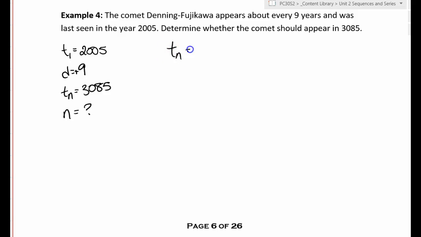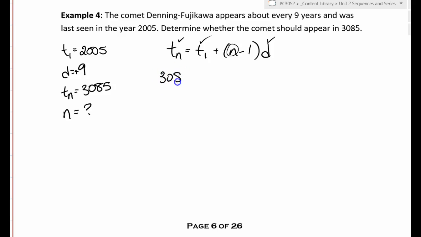If I start filling it in, I know term n, I know term 1, I know d. I'm solving for n. So I can actually use this equation. You could also sit there and add 9, add 9, add 9, but when it gets to be these large numbers, that might take a little bit of time. And we want to be as efficient as we possibly can. So that's where the formula comes into play.